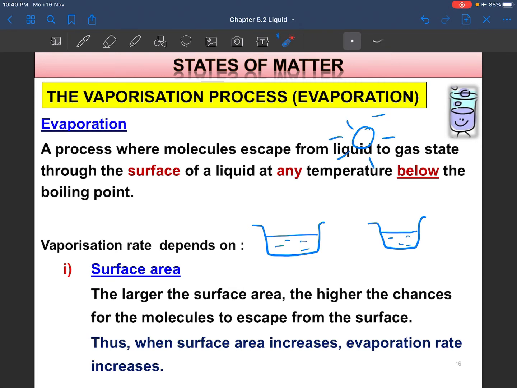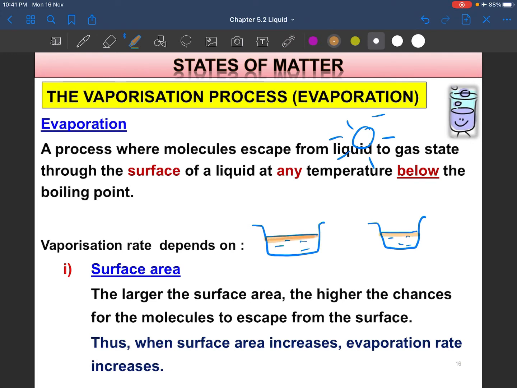Okay, and then, after beberapa jam, kamu datang check the level of water. The level of water dalam ni lah. Okay, dalam apa orang panggil ni? Dalam besen yang besar ni akan lebih rendah compared to level of water dalam bekas yang kecil. Sebab bila bekas ni besar, that means the surface area here besar.